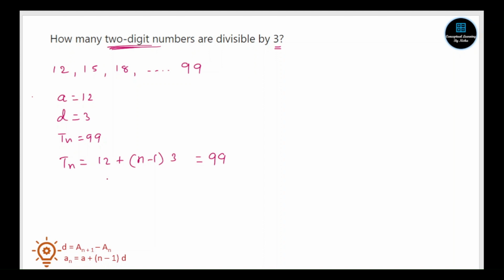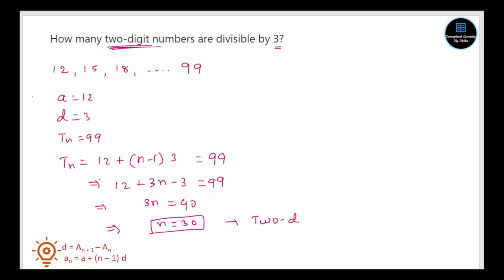When I simplify this, 12 plus 3n minus 3 equals 99, and when we solve them, 3n equals 90 and n equals 30. So there are 30 2-digit numbers which are divisible by 3.